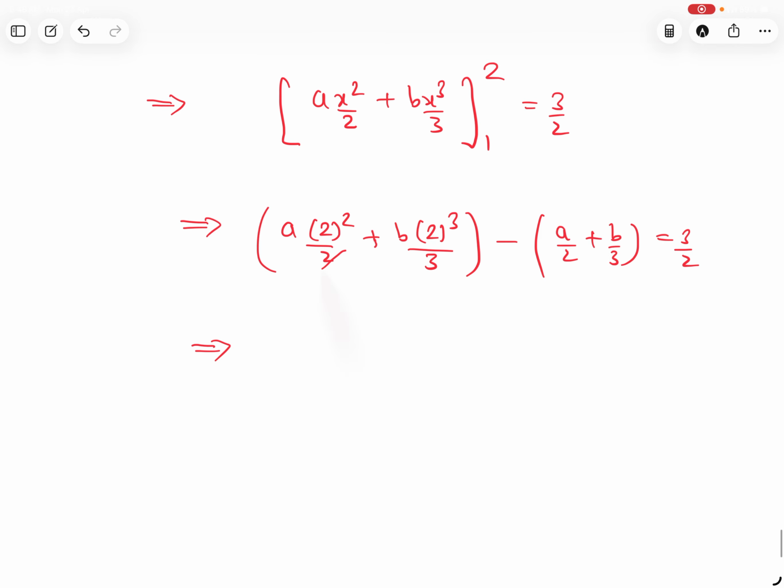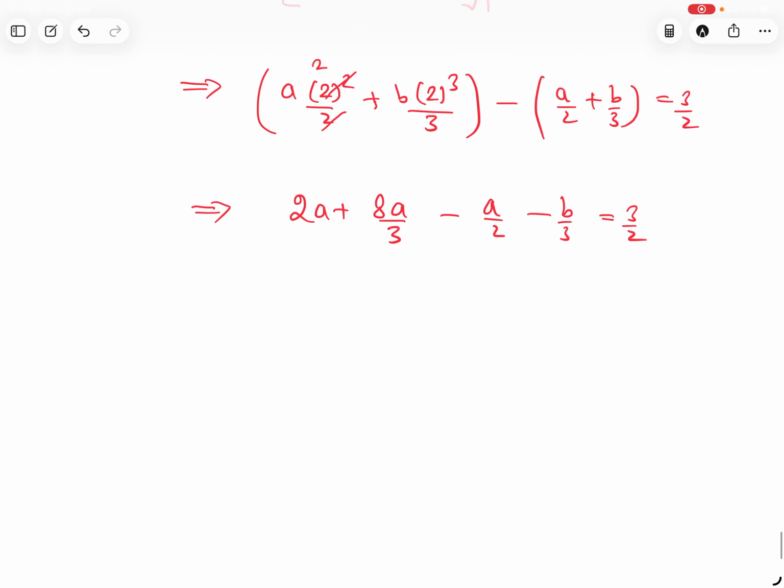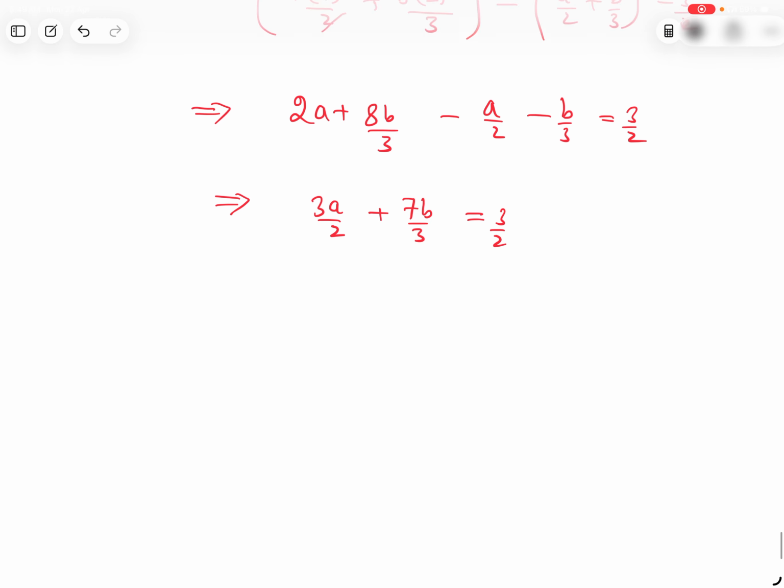So what is this? 2 times a, a by 2 will cancel out, we get 3a by 2, and 8b by 3 minus b by 3, that means 3a by 2 plus 7b by 3 is equal to 3 by 2.